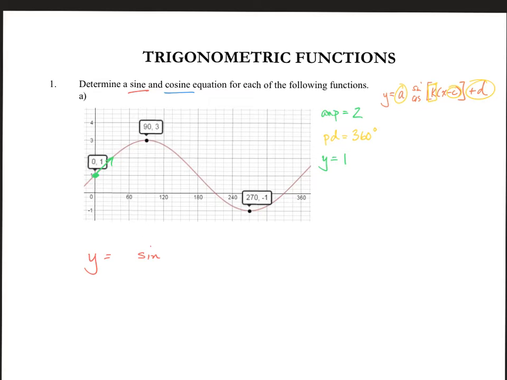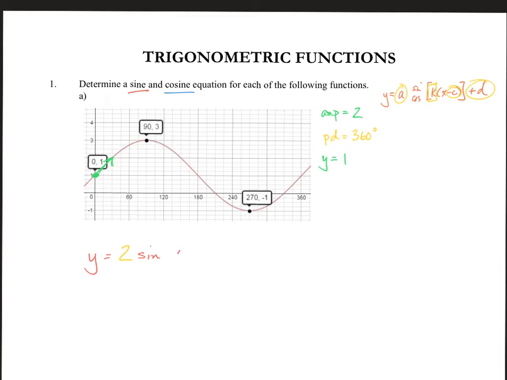Right now in that equation, we should be good to say that we have an amplitude of 2. Not sure on the k value yet, but I am sure on the c value. Because my graph starts in the middle and rises, just like my normal sine curve, that means there is no phase shift on this graph, and therefore my c value is 0.